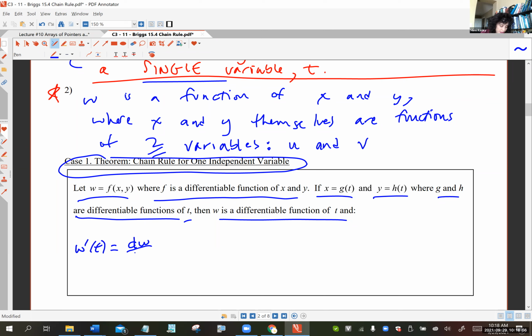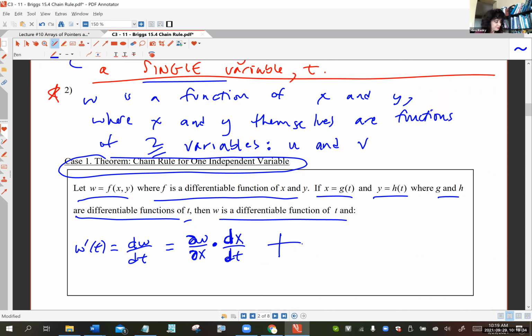And we'll use the differential notation here, dw dt would be, and be very careful here because I'm going to be having different styles of the letter d in this formula. And yes, it matters because you're going to be writing this out on your handwritten work. You're going to go dw dx, and that's a partial derivative, so use the curvy stem d, but you're going to multiply dw dx by dx dt, where since x is a function of a single variable, you're going to use the straight stem d to denote his derivative.